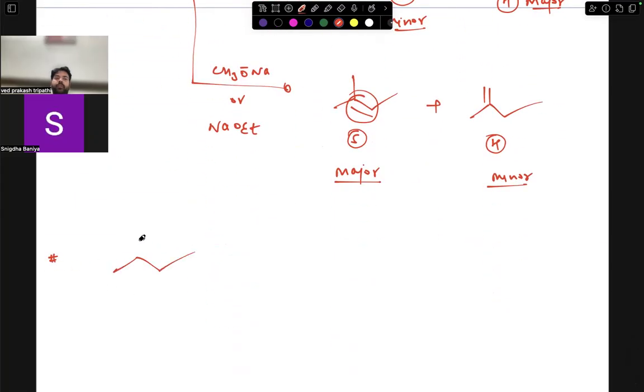When the leaving group is fluorine, you can use any base, bulky or small, and then again Hofmann would be the major one. So this is my Hofmann, this is my Zaitsev, so Hofmann would be the major one.